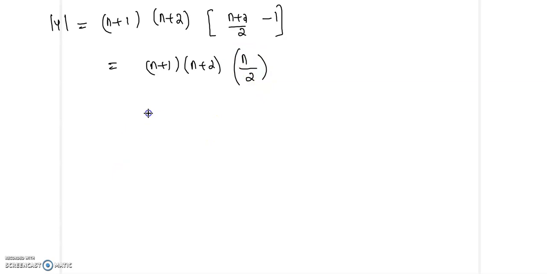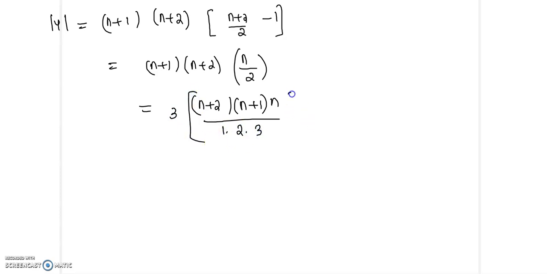So that is equal to n plus 2 into n plus 1 into n, then multiplying 3 in numerator and denominator, this becomes 1 into 2 into 3. This is n plus 2 C3. So cardinality of Y will be 3 times n plus 2 C3.